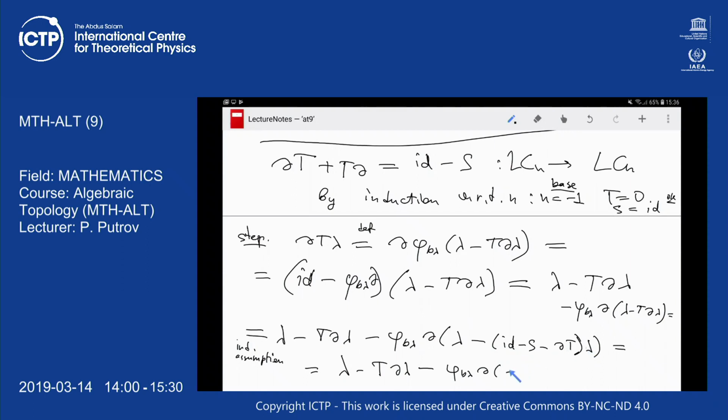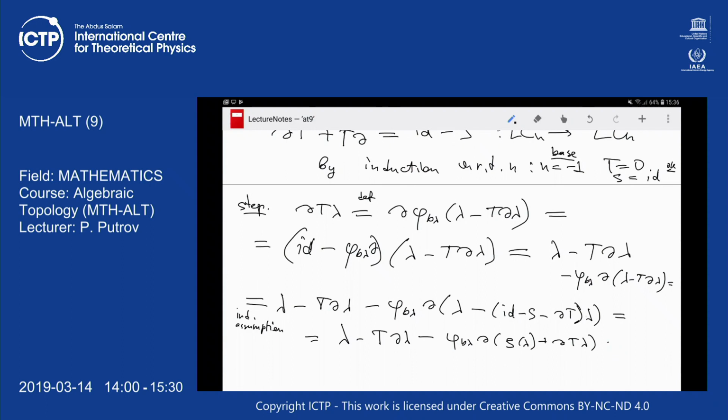So I'm left with S action on lambda plus d action on T lambda, and then I use the fact that d squared is 0, so this will be lambda minus Td lambda minus phi b lambda d.